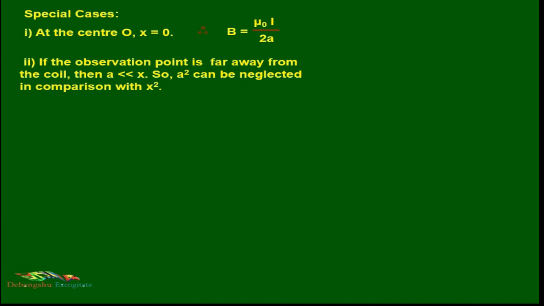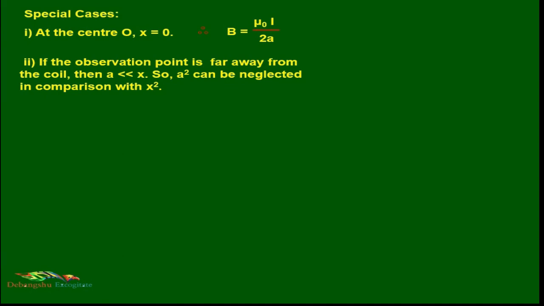Now some special cases. In case the point is at the center of the circular coil, x is equal to 0, so B is equal to mu naught I by twice a, where a is the radius of the coil. If there are n number of turns, then B is mu naught n I by twice a.